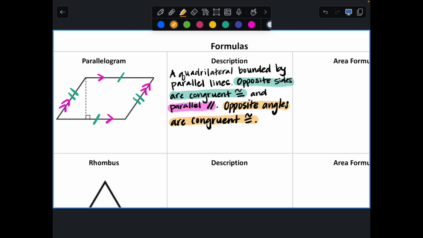Also, opposite angles are congruent. So we have these angles that are the same measure and these angles that are the same measure. The base and the height form a right angle.